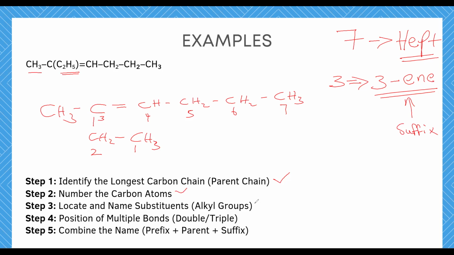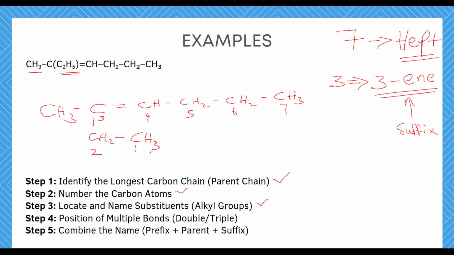So the next thing now, we have numbered the carbon atoms. The next thing is to locate and name the substituents. Now, David, we have counted our main chain. Is there any branch or substituent? I want you to look very well and tell me. This whole structure now, we have counted the number of carbon atoms, right?